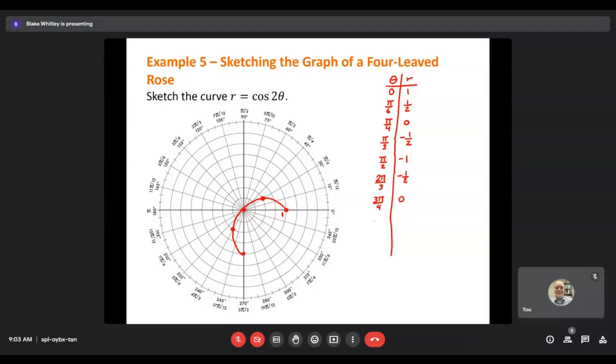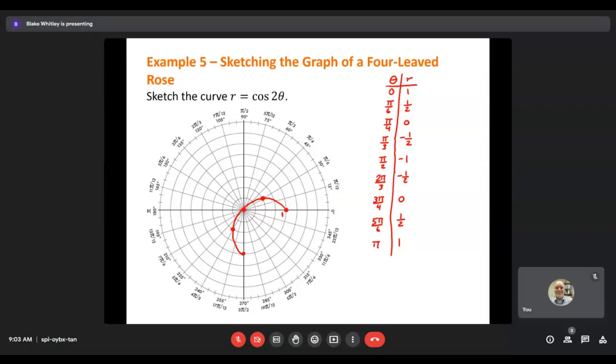Should be 0. 5 pi over 6 is positive 1/2. And then pi is 1. So again, I'm going to go ahead and plot these points that we have so far.